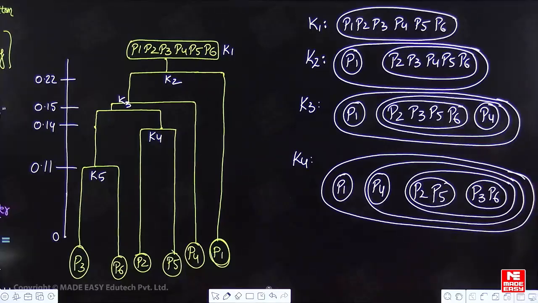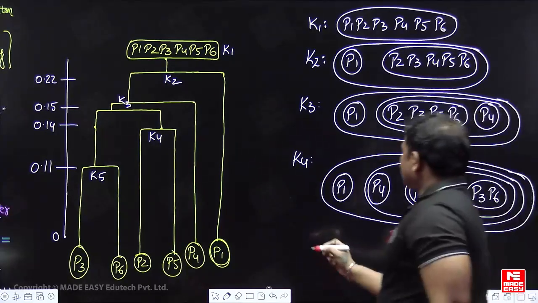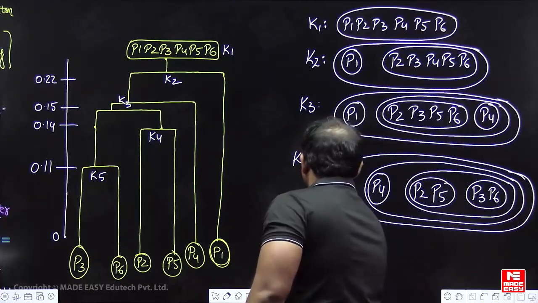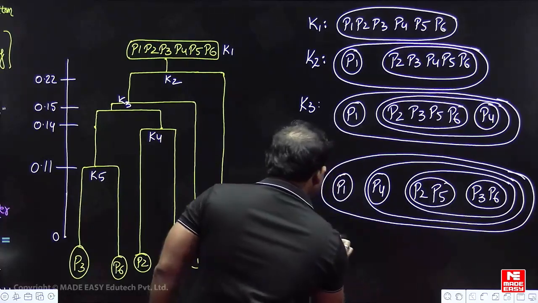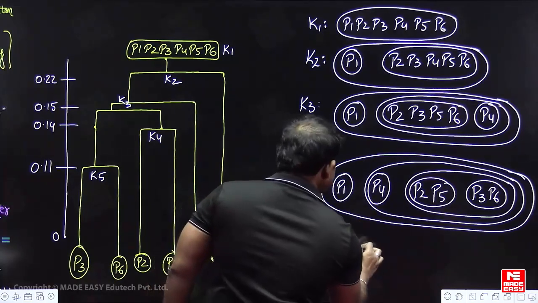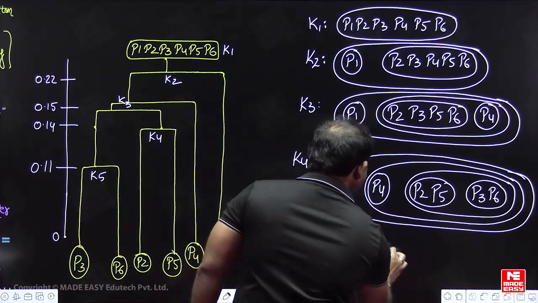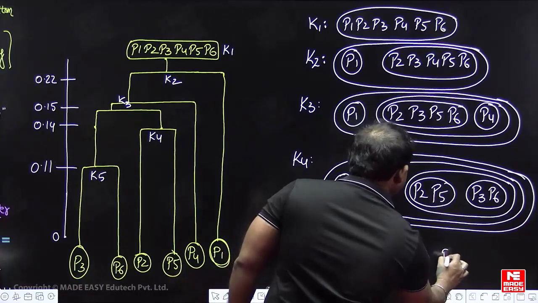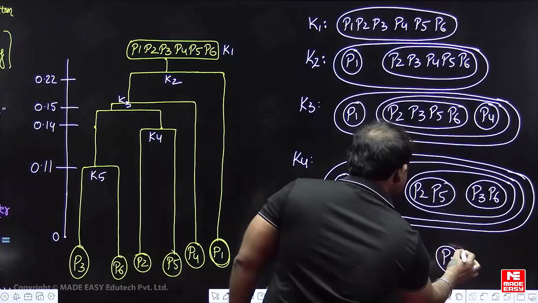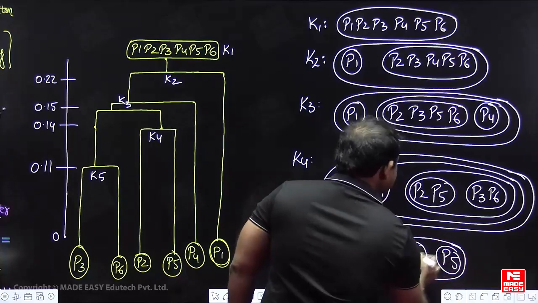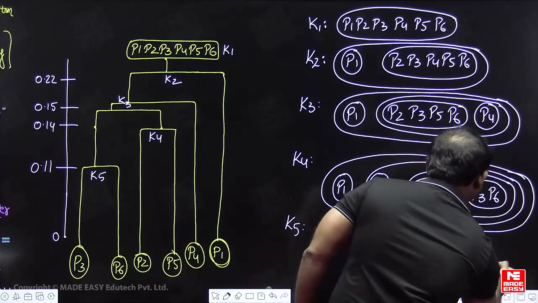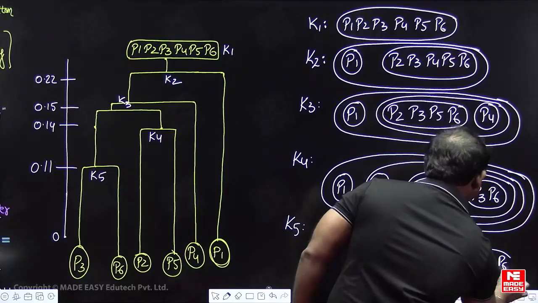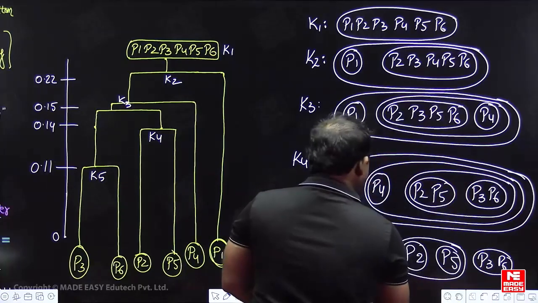All right. Is it clear? Now cluster 5. What is this? P1 is there. Next P4 is already there. Now P2 separated, P5 separated. Then P3, P6 present. Fine.